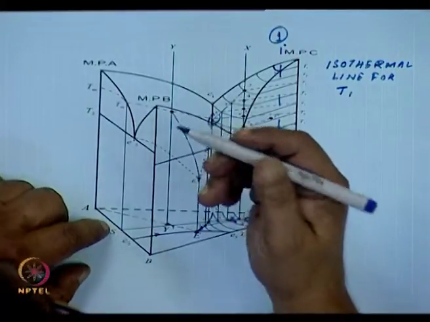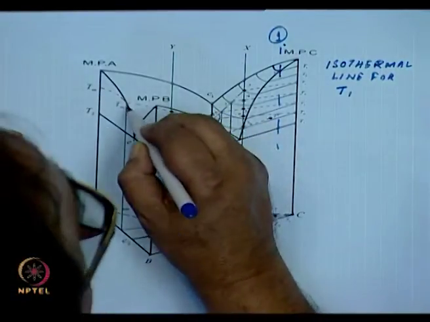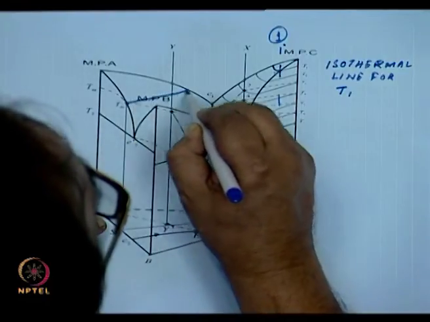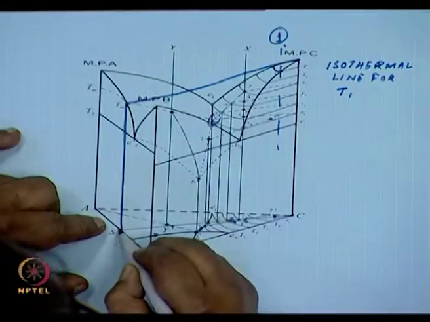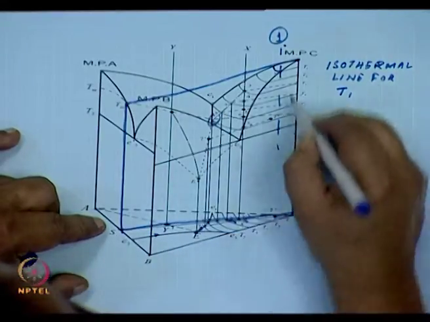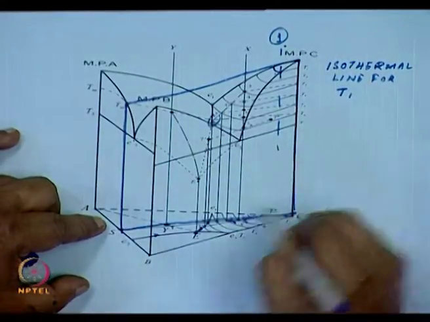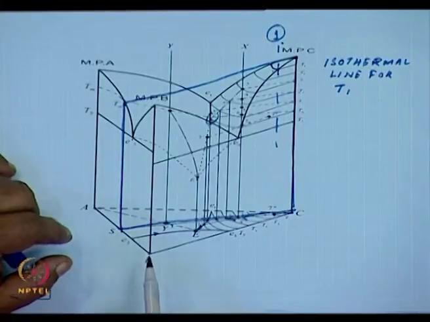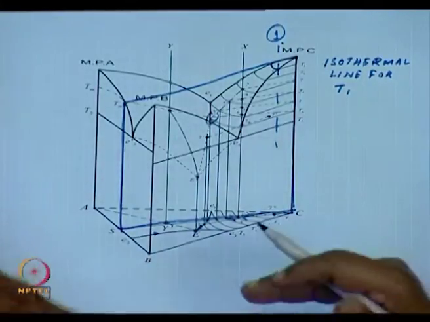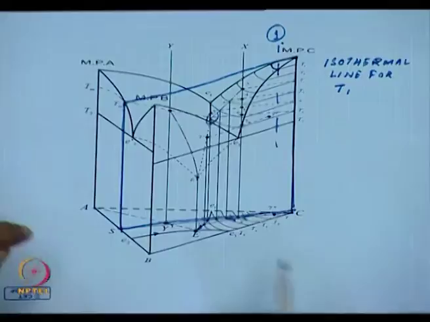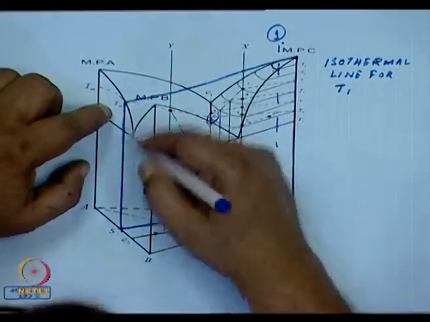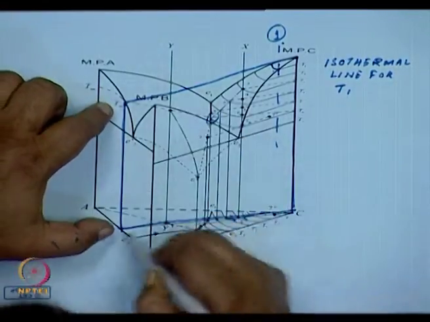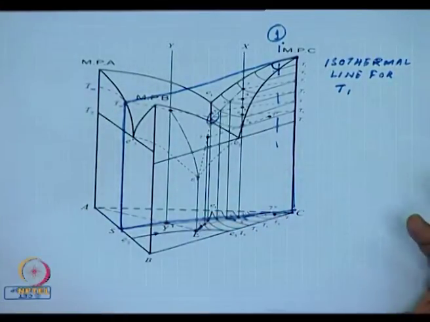Let us assume that we have a composition which corresponds to this. In that case, if I take this particular diagram, now you have got a two-phase diagram because I am now reducing everything to this. How would it look like?